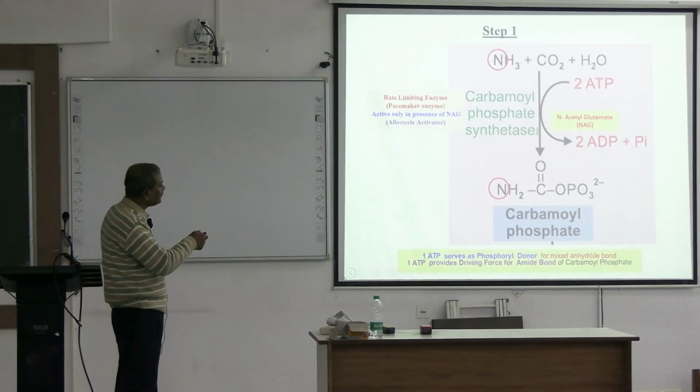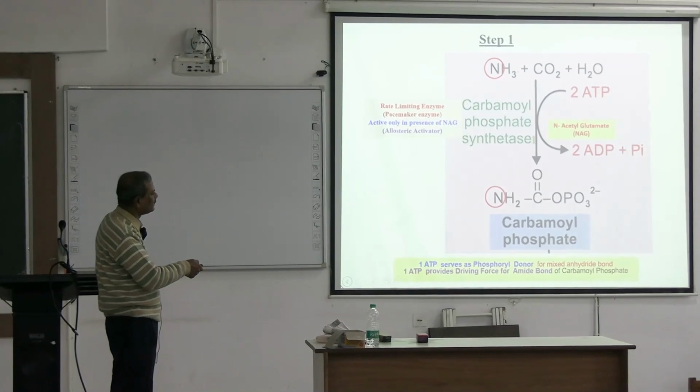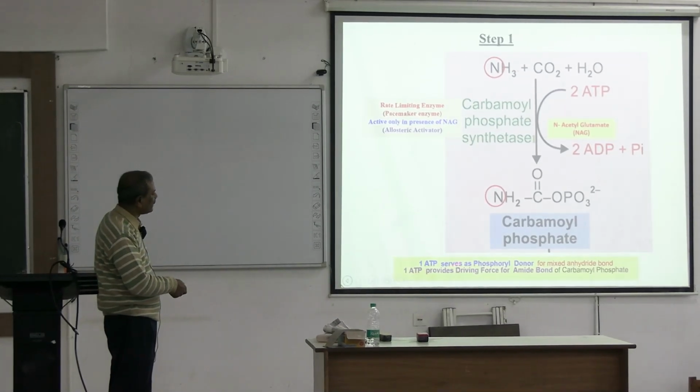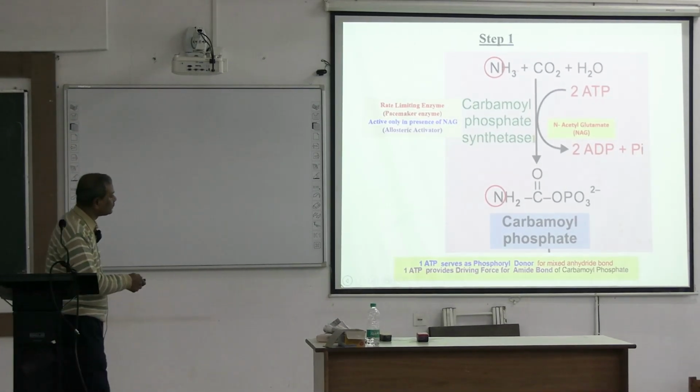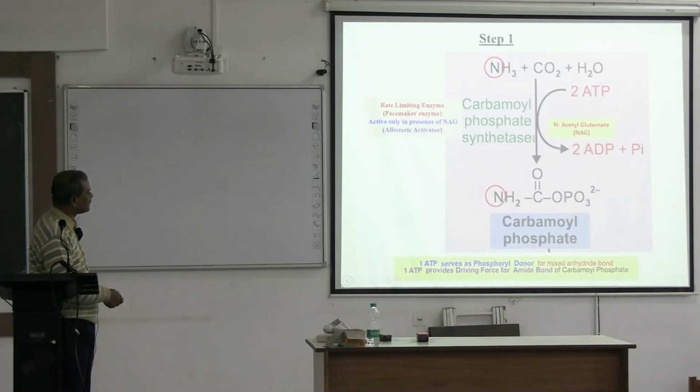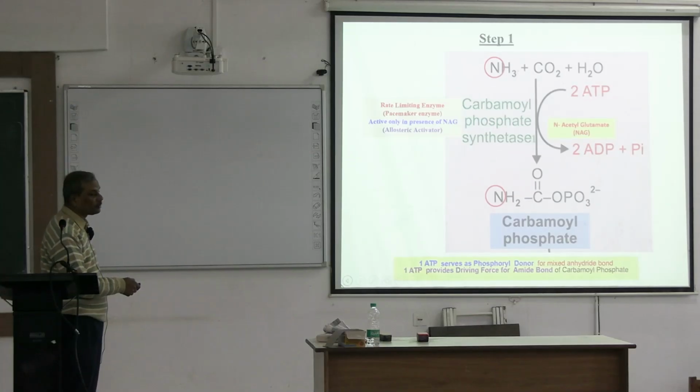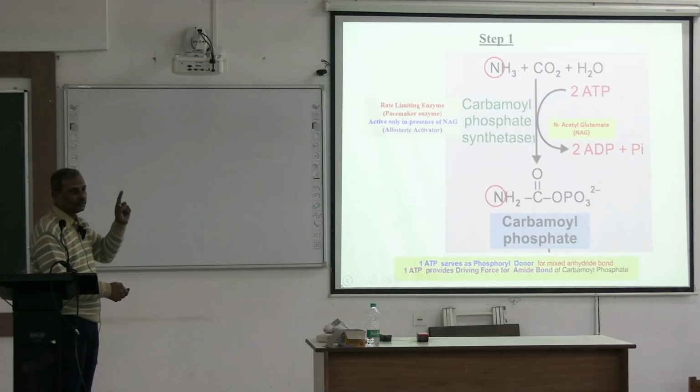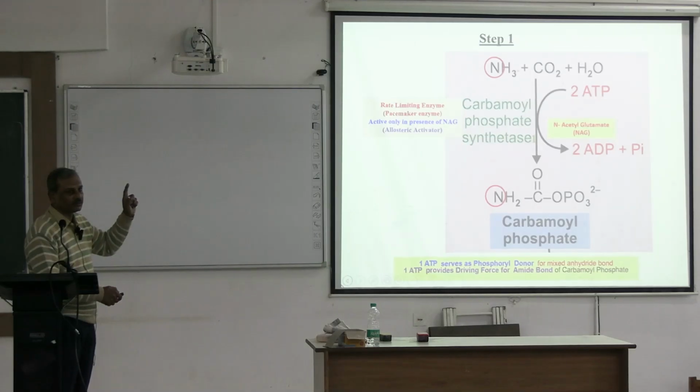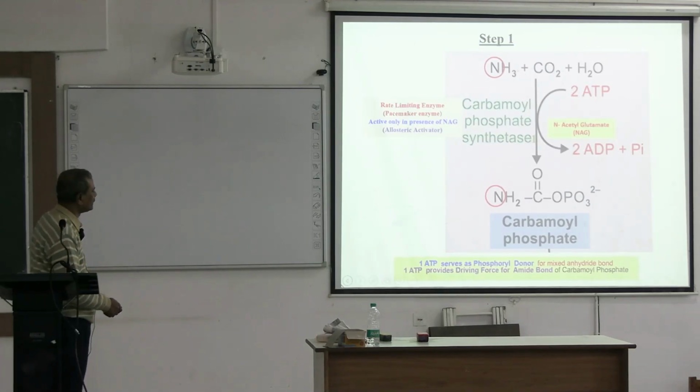In this reaction 2 ATPs are required: 1 ATP acts as a phosphate donor for the mixed anhydride bond, you see the bond here, and another ATP provides the driving force for the amide bond of carbamoyl phosphate. So 2 molecules of ATP are used in the first reaction. So this is an energy dependent reaction. We have to make an expenditure.